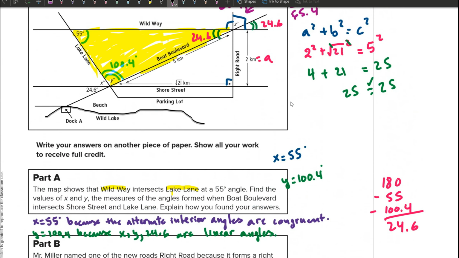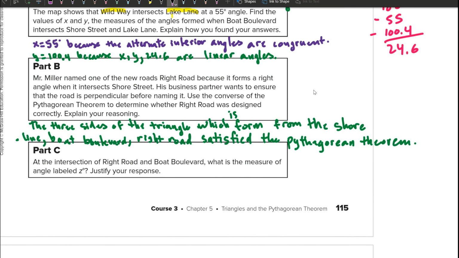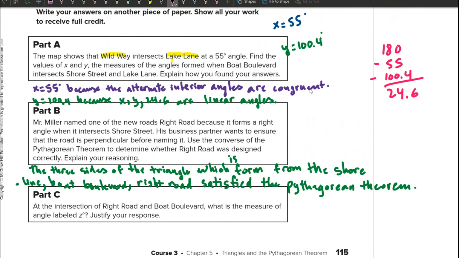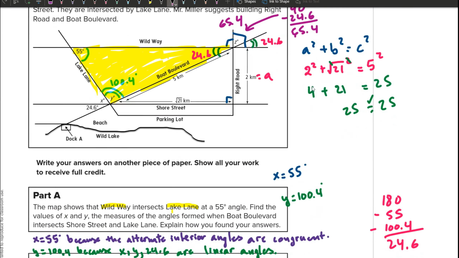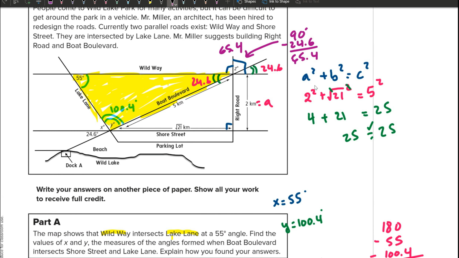Okay, so that is the work. Now, justifying your response. Let me see what is the easiest way to write this, because there will be a lot of writing if we try to explain this.